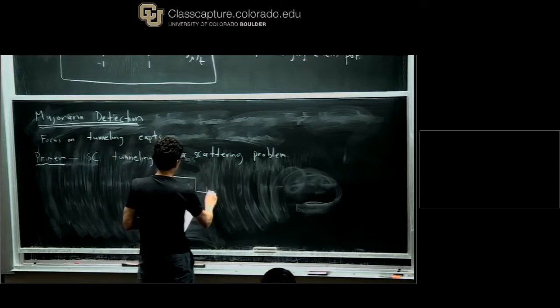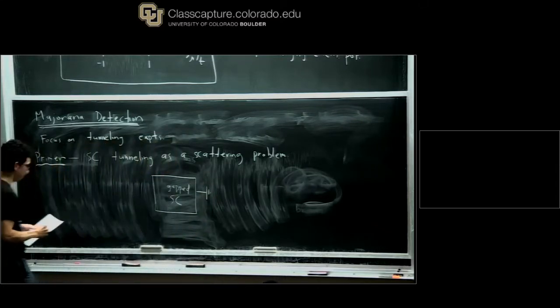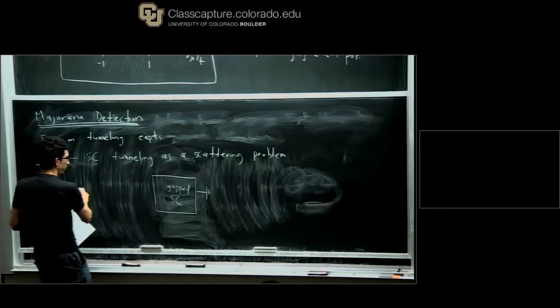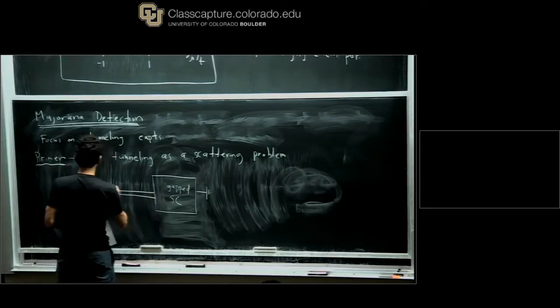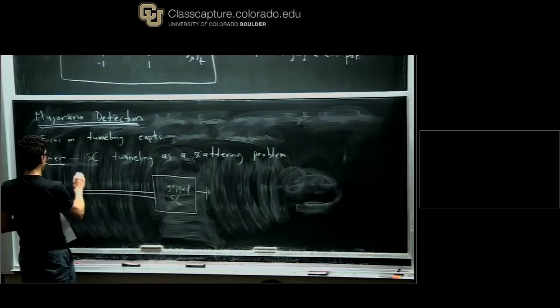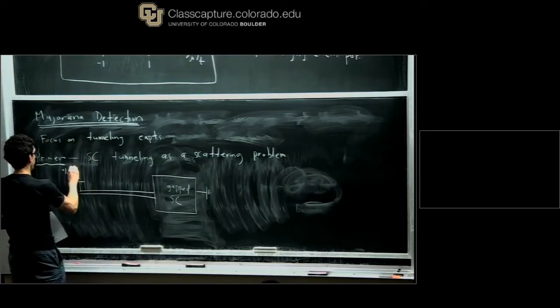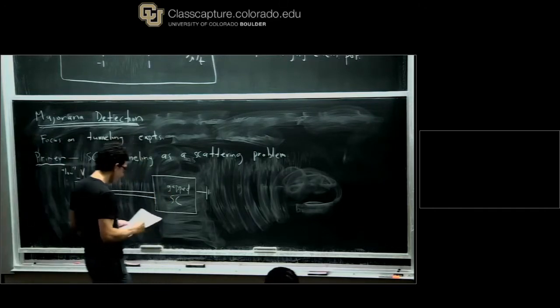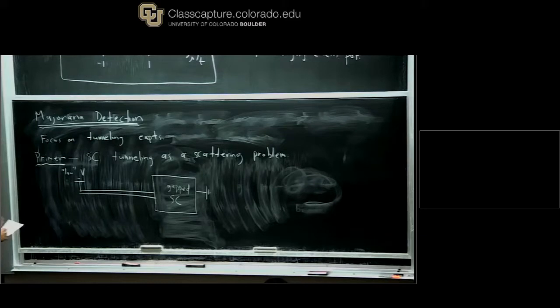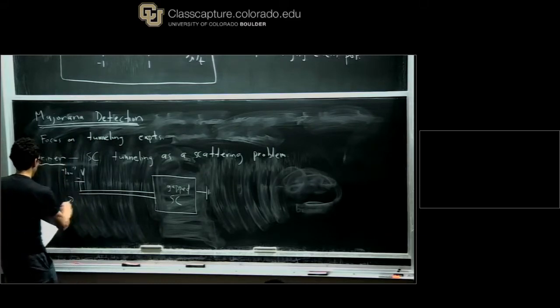I'm going to assume that superconductor is grounded. And I want to introduce a lead, which is held at some low bias voltage V relative to that grounded superconductor. So this is a lead.